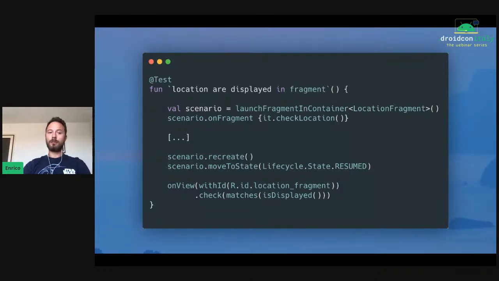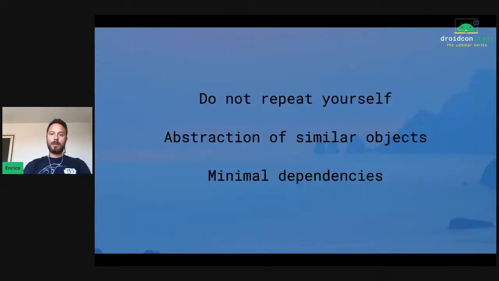This is very straightforward, right? Because we can use the fragment scenario in this case. And as soon as the screen is recreated, we would like to assert something. In this case, we are asserting that the location and the content of the location fragment is displayed. So this case is very straightforward. We are covering only one thing.